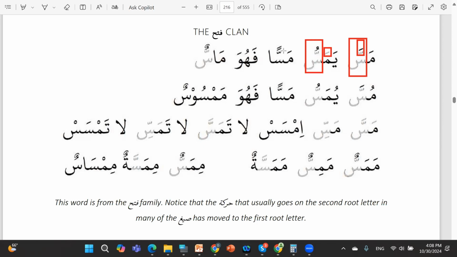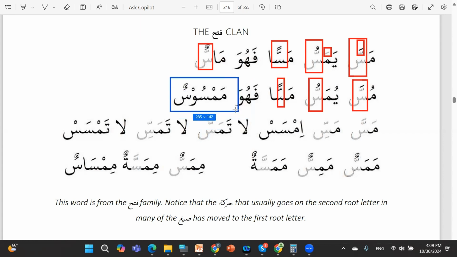Okay, then masan, then masun, instead of maasisun. Then in past tense passive, musisa, it is mussa. Yumsasu, instead of yumsasu, it is yumassu. Then masan. Then again, ism maf'ul is on the regular pattern, maf'ulun, mamsusun.